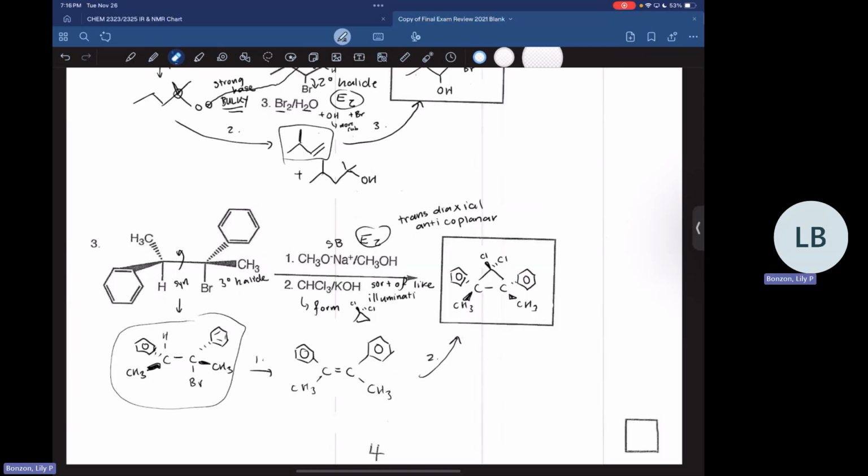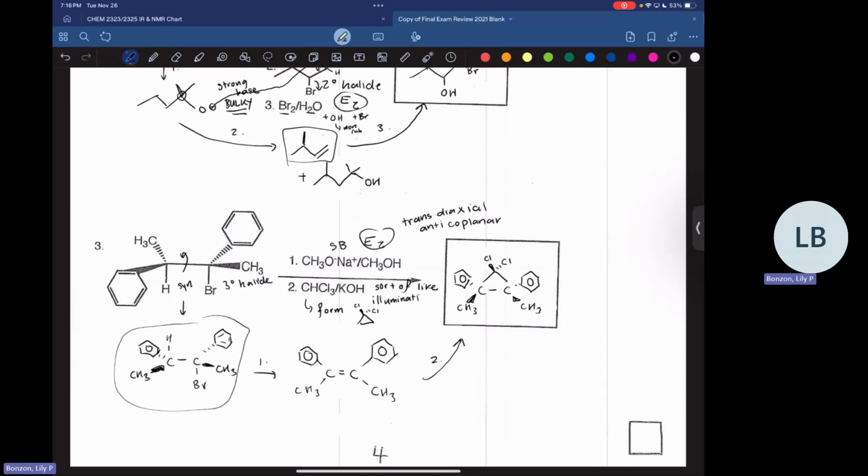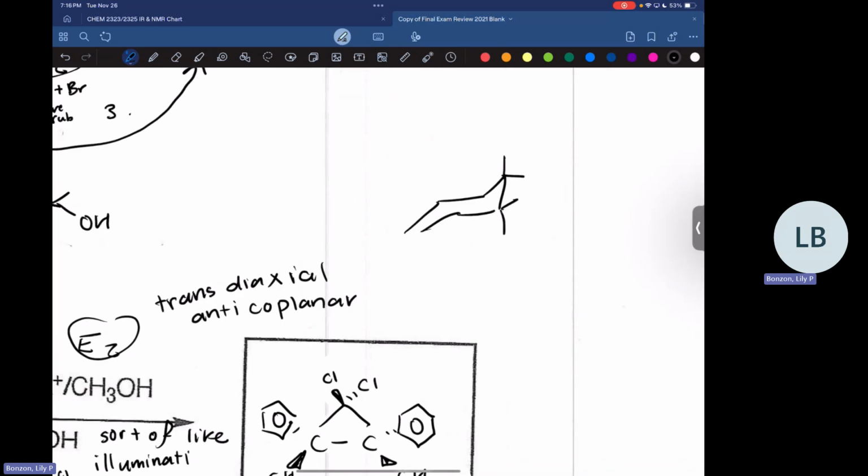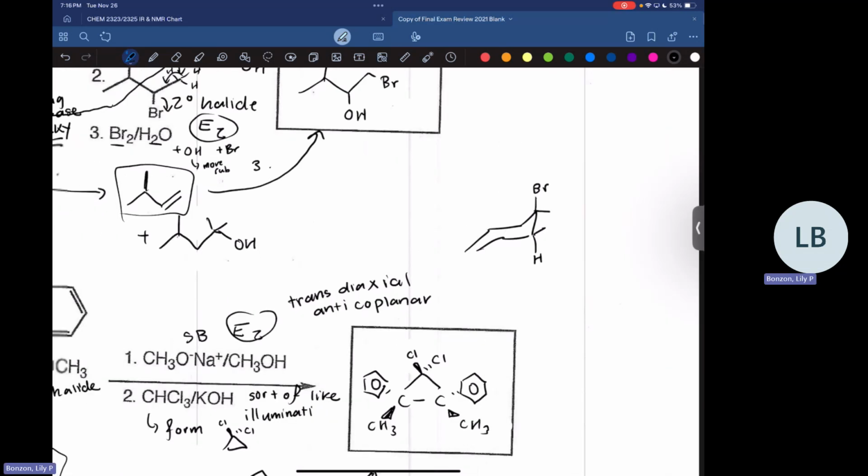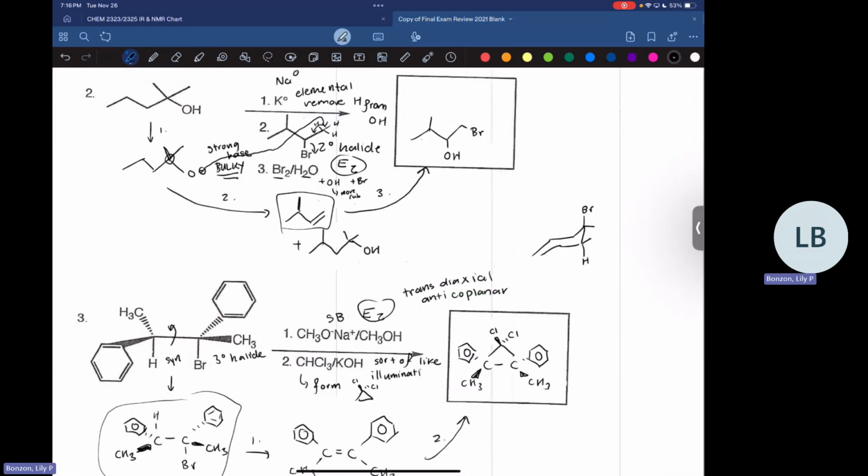Yes, yeah. So trans-diaxial for the cyclic structure. That's like when we looked at the chair conformation. So we made something like this. For the linear structure, like we have here, it's the same concept. It's just called anti-coplanar.